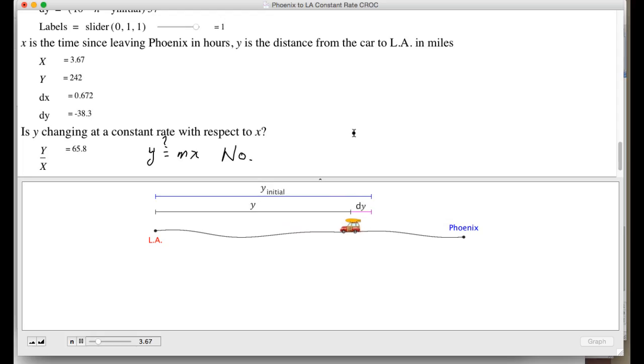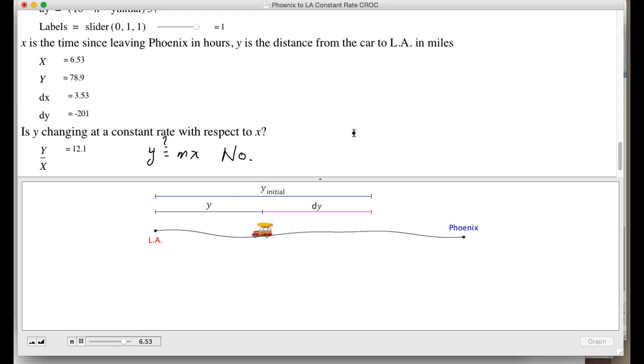So, returning to my question, is y changing at a constant rate with respect to x? Yes? No? Why not? Because at y initial you have a number that's not equal to 0, but the x is going to be 0 because you're 0 hours as big as Phoenix, but your y is not 0.